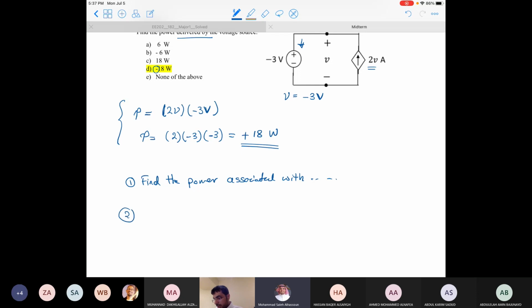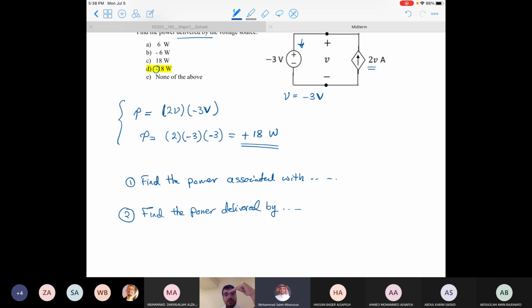The second question is find the power delivered by. So I'm saying that this element is delivering power, and you did your calculation and you notice that this element is not delivering power, it's actually absorbing power.